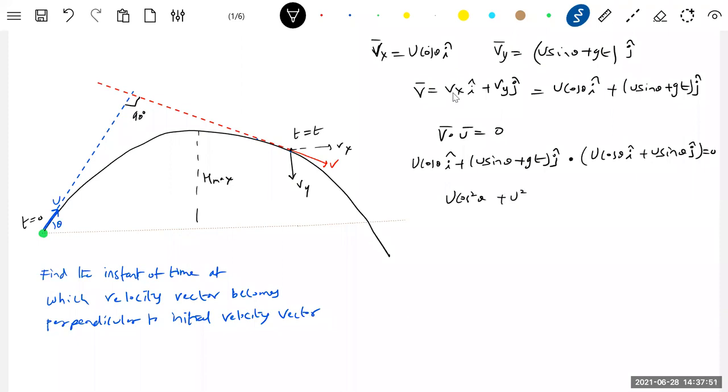This will become u square sine square theta plus u sine theta gt, all set equal to 0, since the dot product must be zero for perpendicular vectors. So u square cos square theta plus u square sine square theta plus u sine theta gt equals 0.